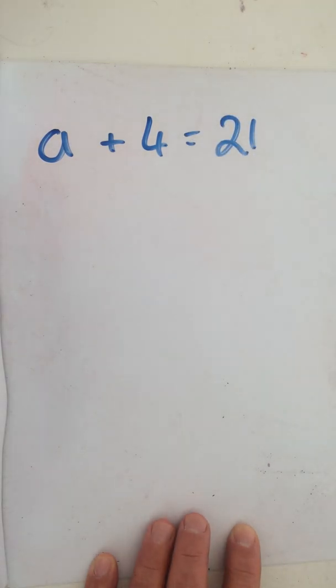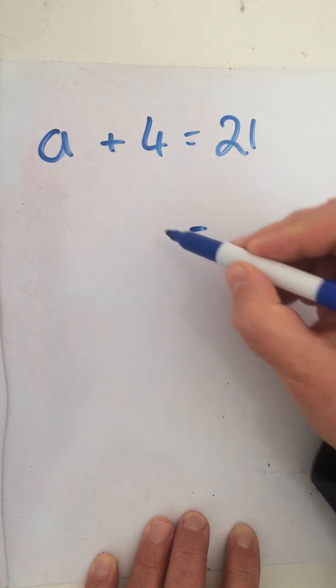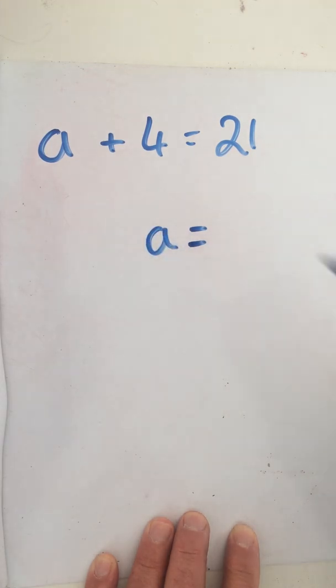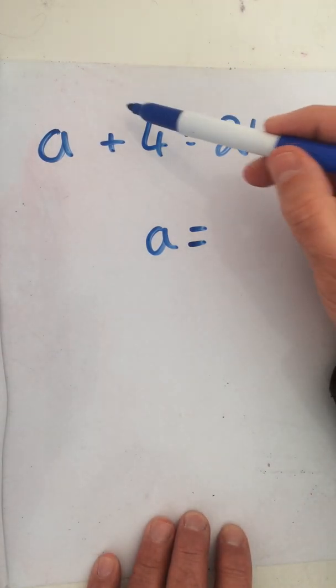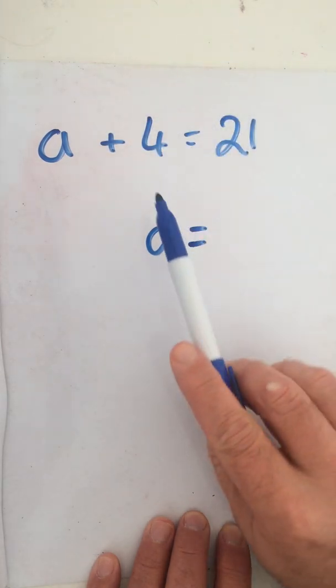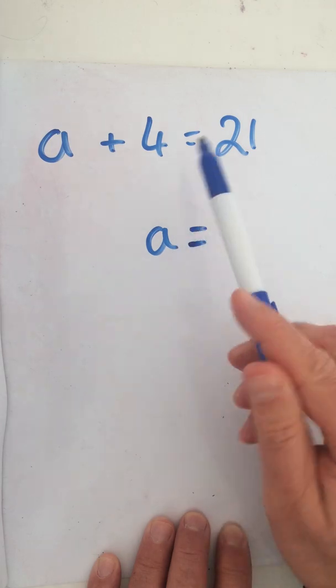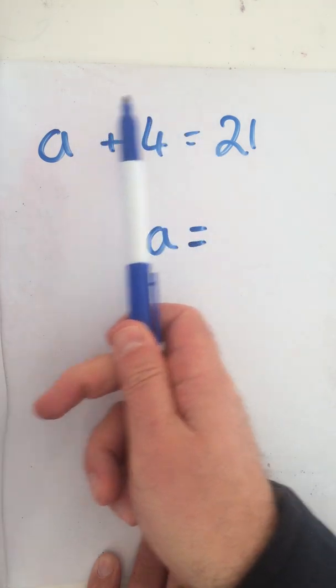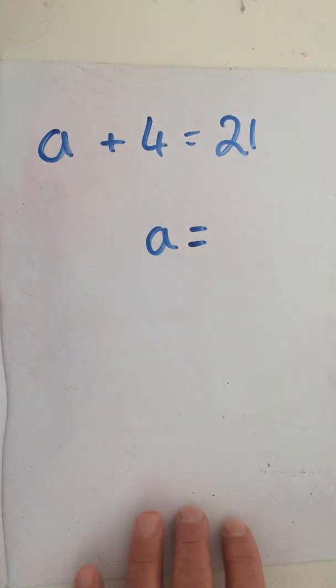What we want to be left with on this side of the equal sign is a, to find the value of a. Therefore we want to get rid of this plus 4. So in order to do that, we need to get rid of this plus 4.